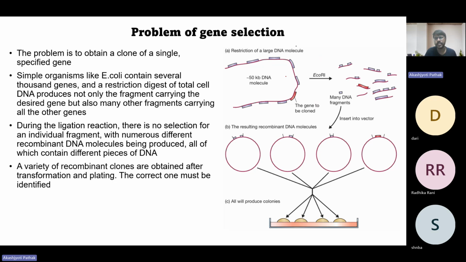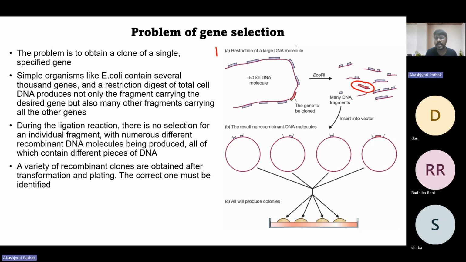If you see this figure, what has been shown is a 50 kb DNA molecule, 50 kilobase per DNA molecule, and this DNA molecule is digested with EcoR1. Once you digest it with EcoR1, you will get multiple DNA fragments, some short and some long, and out of all these fragments, this is the particular DNA fragment in which you are interested.